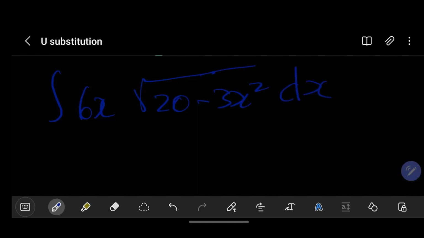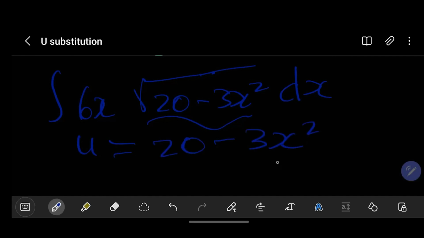We need to find what we want to make u. Now in this case, another guidance I can give you is, let's make u whatever's under the square root, or the one that has a lot of components to it, which is the information under the square root. So let's make u equal to 20 minus 3x squared.